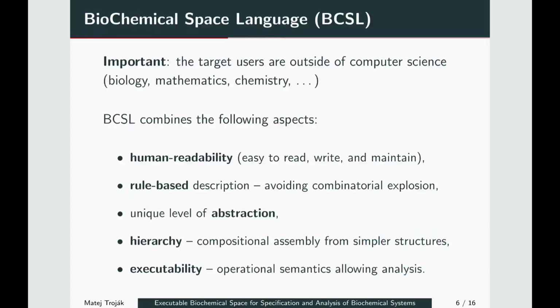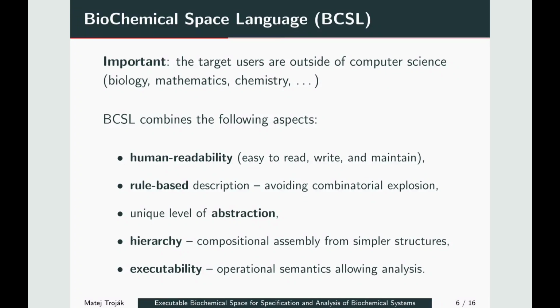The specification part is defined in so-called biochemical space language. Why this language in particular is because it's important to note that the target group of users is outside of computer science. It's mostly experts from biology, mathematics, or chemistry.